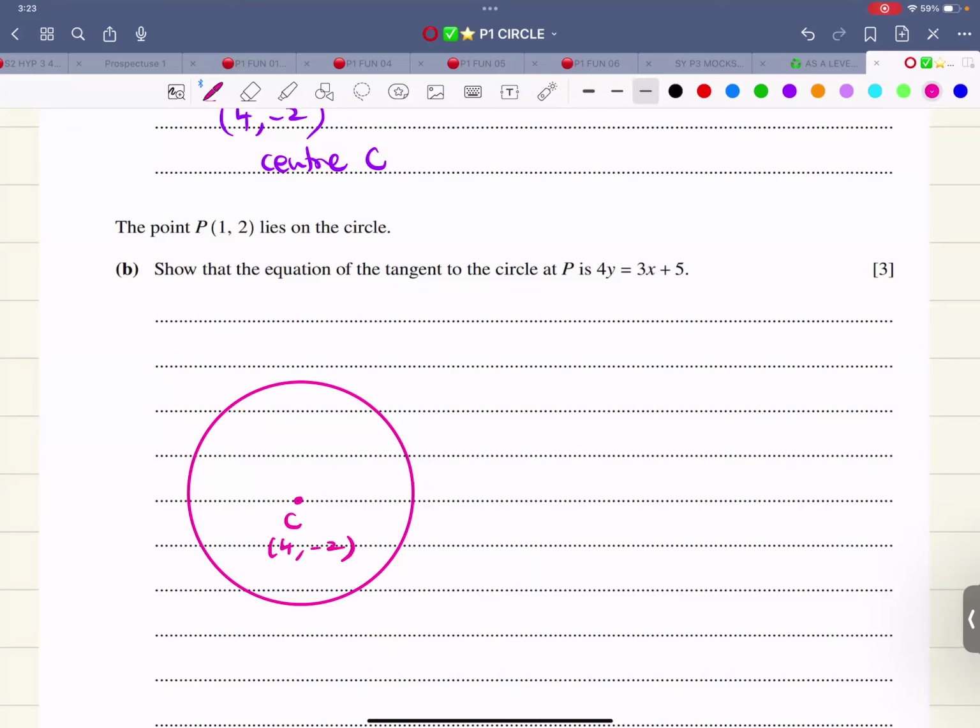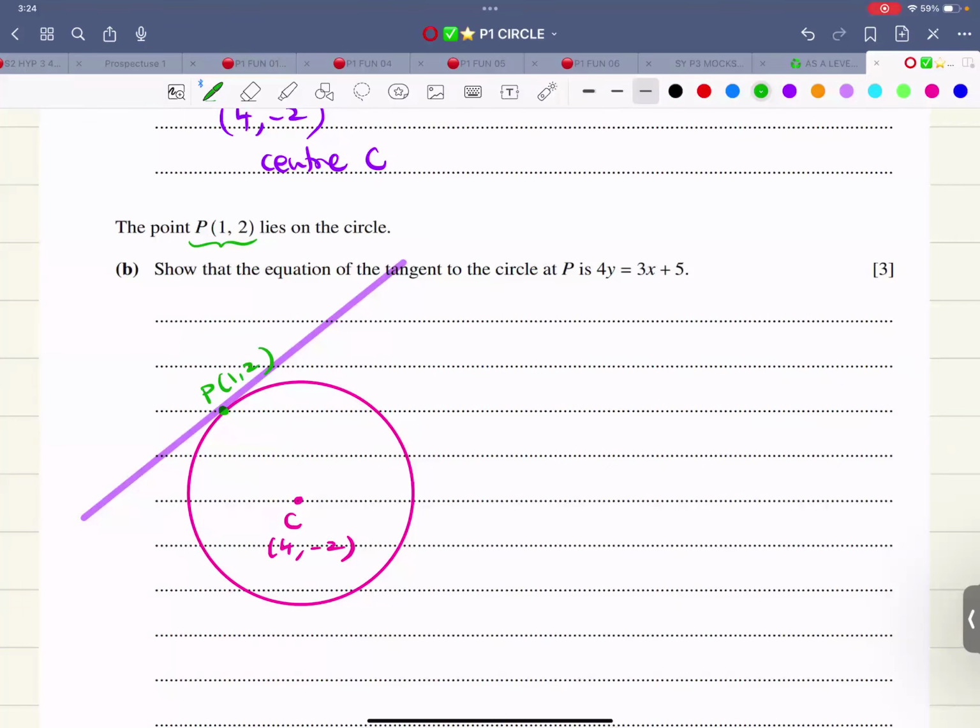And 1 comma 2 is somewhere over here. So let me label 1 comma 2, that is over here. And let me draw a tangent over here, a green tangent that goes like this. Now it's purple, let it be. So now this is P. P is 1 comma 2, and that is the tangent.